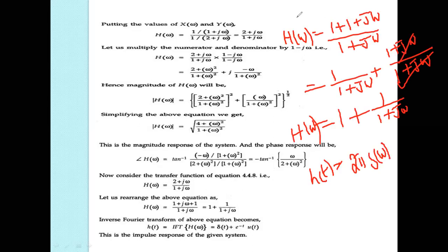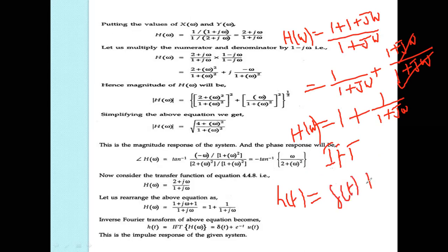So h of t is equal to the inverse Fourier transformation of 1, which is delta of t, plus the inverse Fourier transformation of 1 by 1 plus j omega.